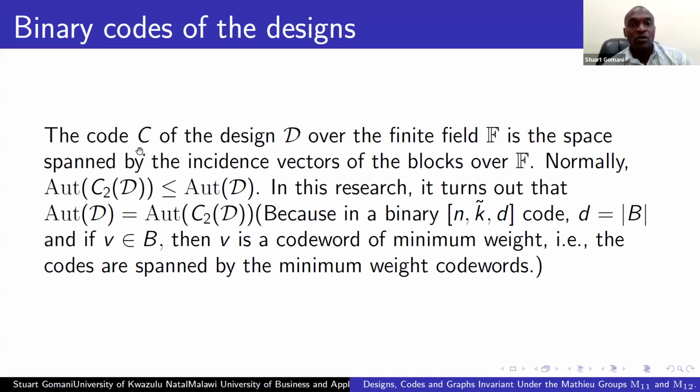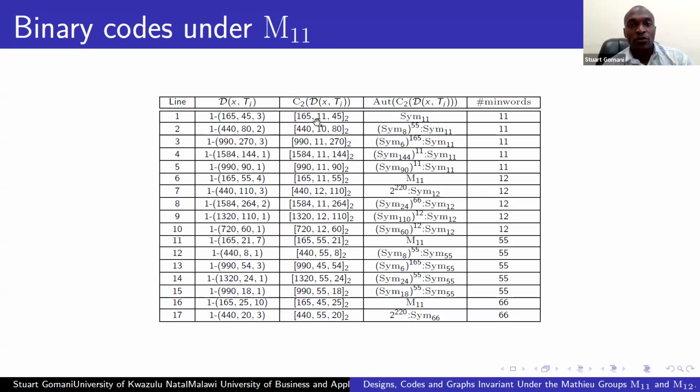So now we present all the binary codes over a finite field of 2 elements that I've managed to construct from the corresponding designs constructed from M11. And as you can observe in the 4th column, these are the same automorphism groups that we showed for the designs.